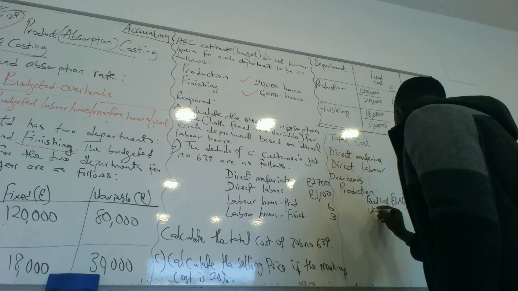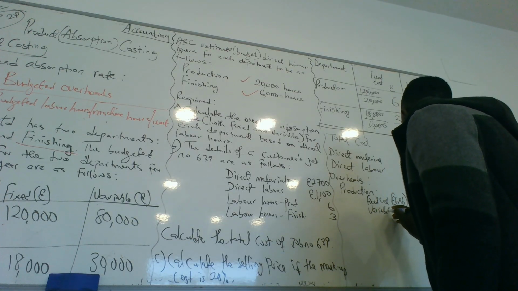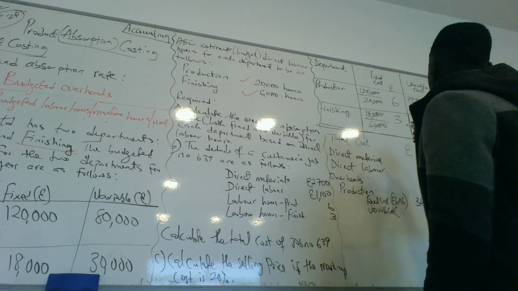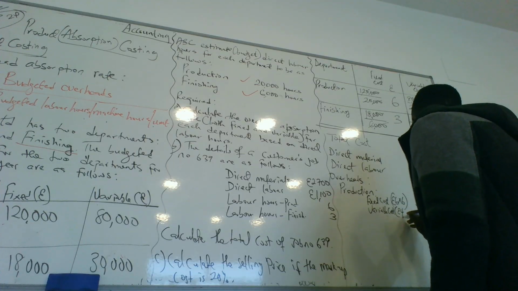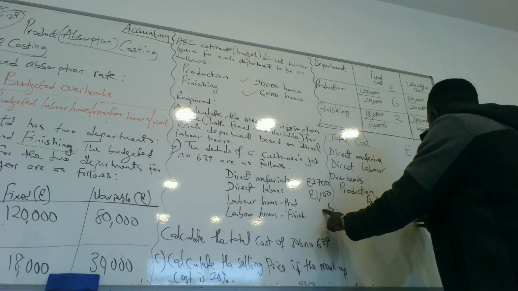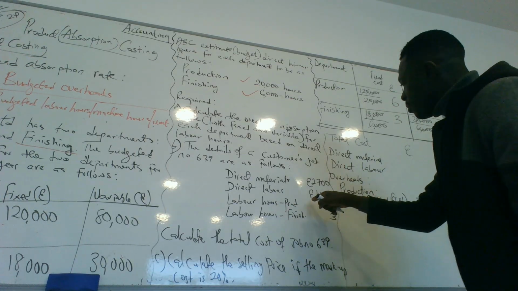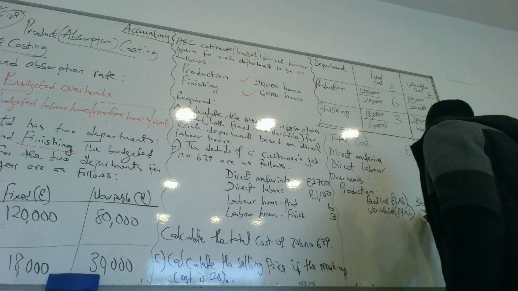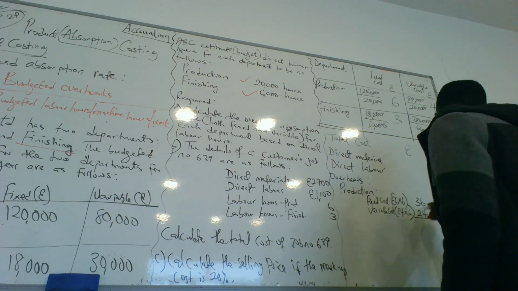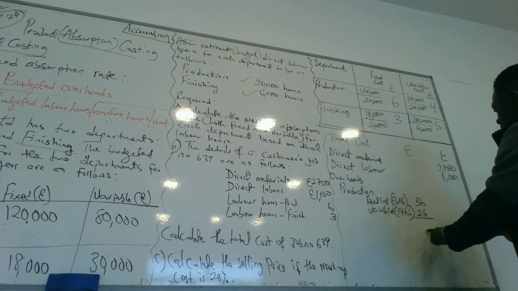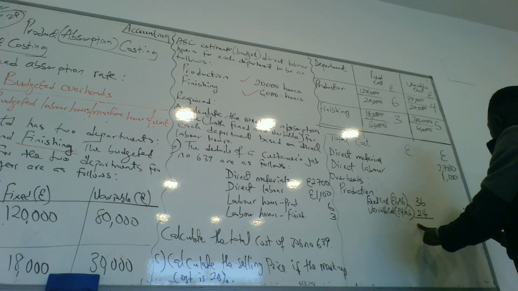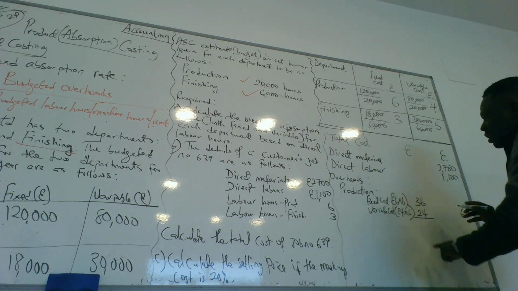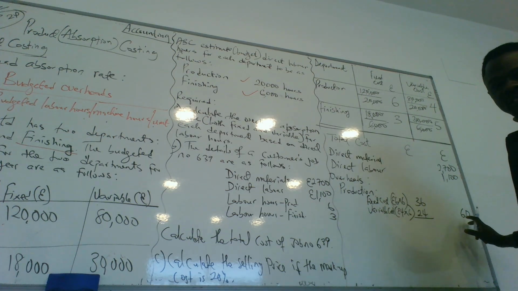Then for variable cost, it is 4 euros multiplied by 6, which is 24. That is the labor hours multiplied by the rates for fixed and variable cost. So the overhead for production department is 60.